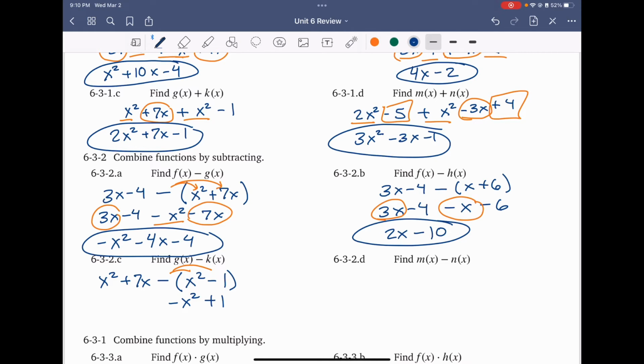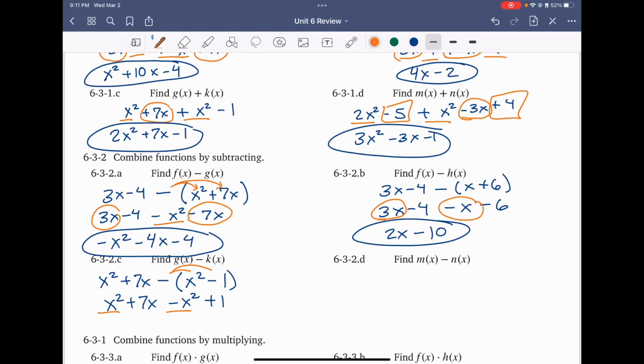We'll just rewrite the first term. The g of x stays the same. We don't change it. All right, so g of x stayed the same. K of x, everything became negative of what it was, the opposite of what it was. All right, now we can combine our like terms. We have an x squared here and a negative x squared there. When you have something and then you have the opposite of something, that ends up being 0.